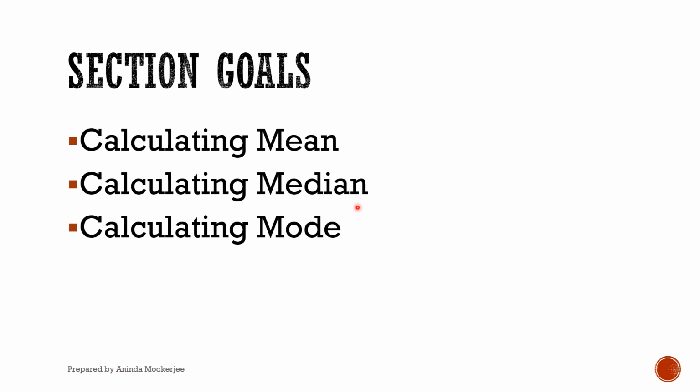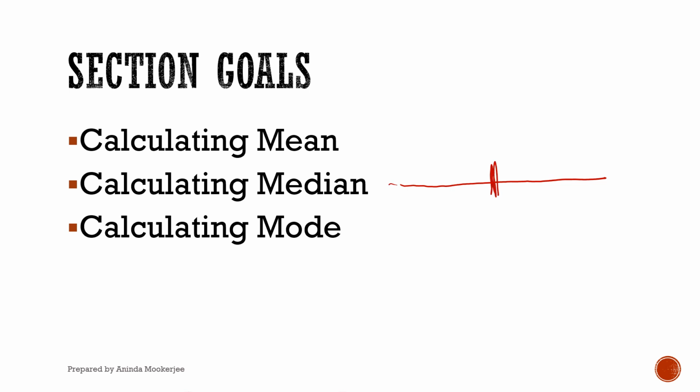The median is another measure of central tendency. It tells us the value that occurs right at the center of an arranged data set. All right, so it'll tell us the value, the data point, which occurs right at the center point.